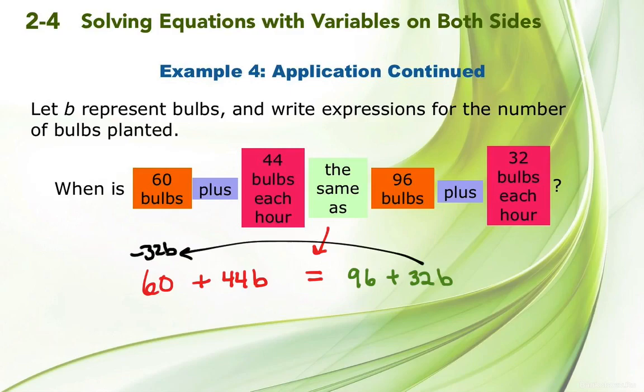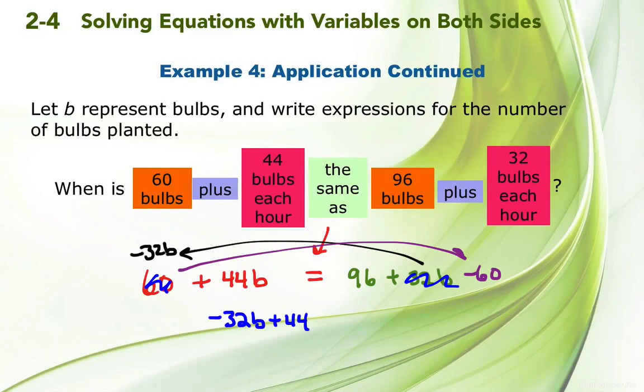And I'm going to take this 60 and bring it over here and make it a negative 60. So let's get rid of this and get rid of this. Rewrite this real quick. Negative 32B plus 44B equals 96 minus 60. Okay, so I do some math here.